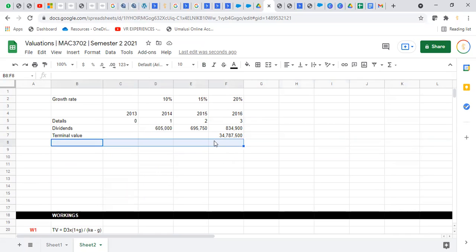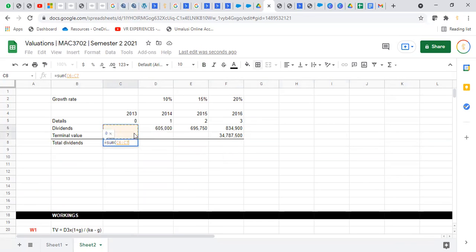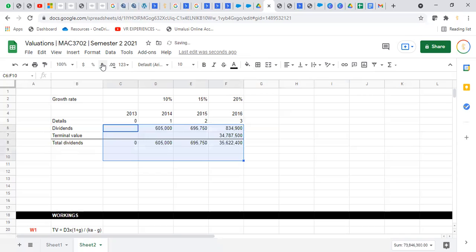Now we can work out our total cash flows, well, total dividends, or total cash flows, whatever you want to call it, doesn't matter. Okay, so it's equal to the sum. Okay, now we don't want future cash flows, we want a value today.